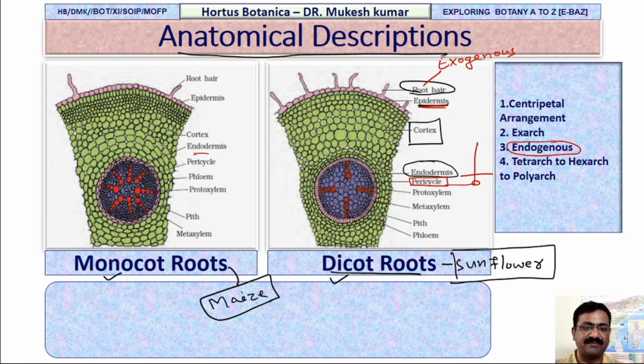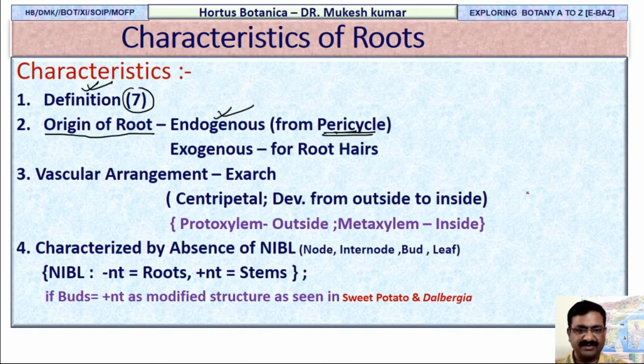See, here you have the monocot, and this is the pericycle. So this is common for both monocot as well as dicot: the roots arise from the pericycle inside the endodermis. That's why root is endogenous in origin. Is it clear, my friends? Now come, see.